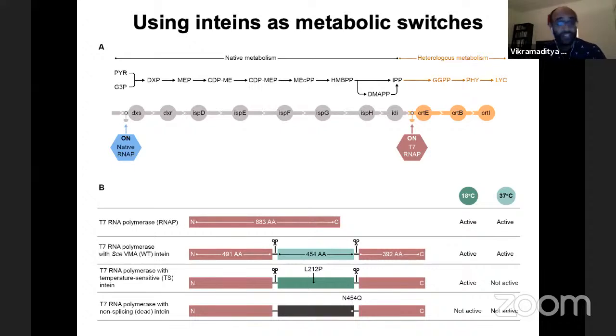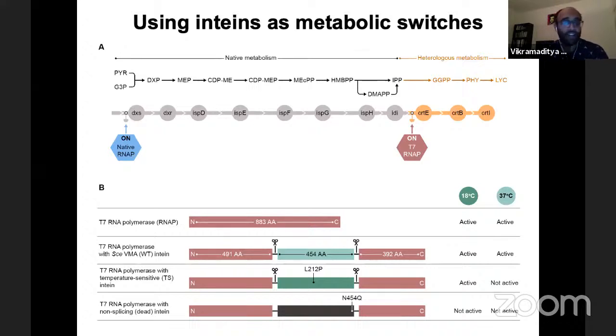When we lower that temperature, that comes at a cost, because the microorganism is now in an environment that is not physiologically conducive to it. So it shuts down a lot of the other metabolic processes. So we decided to take that temperature shift and use it to our advantage.